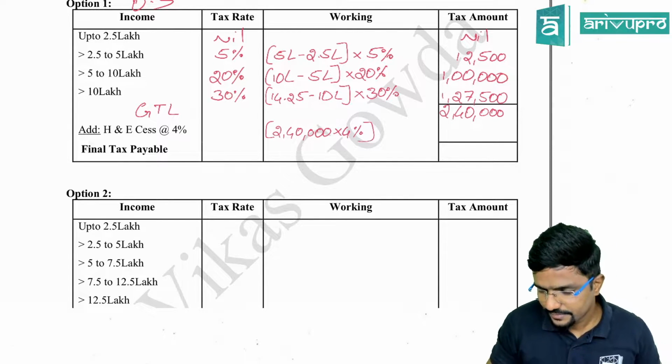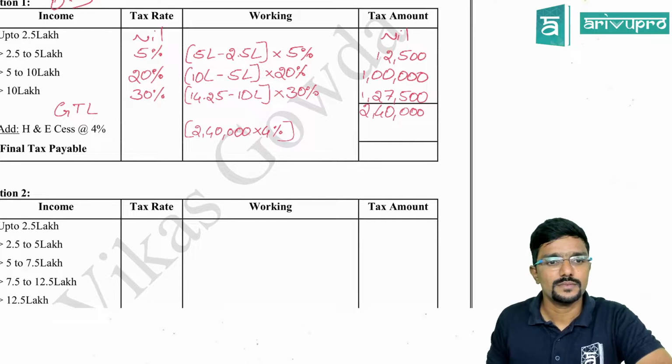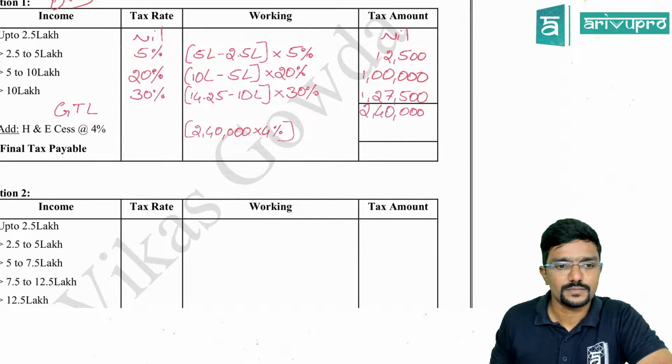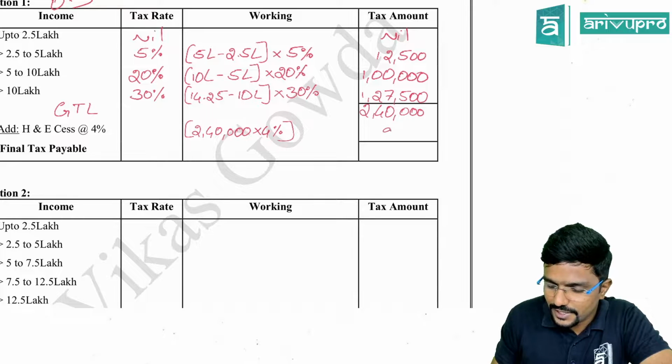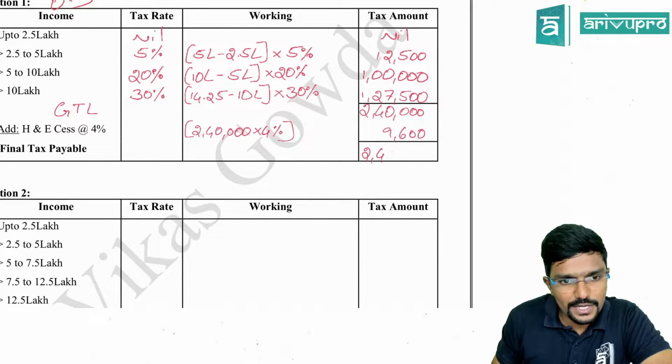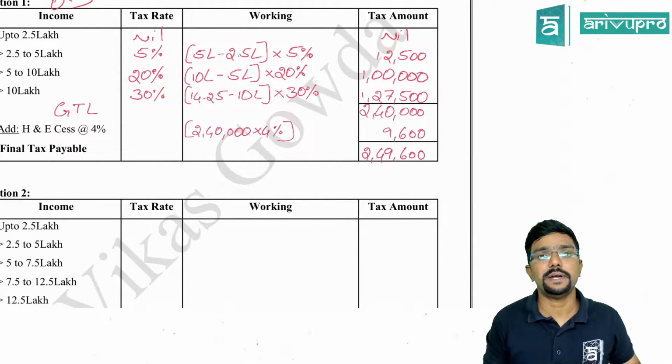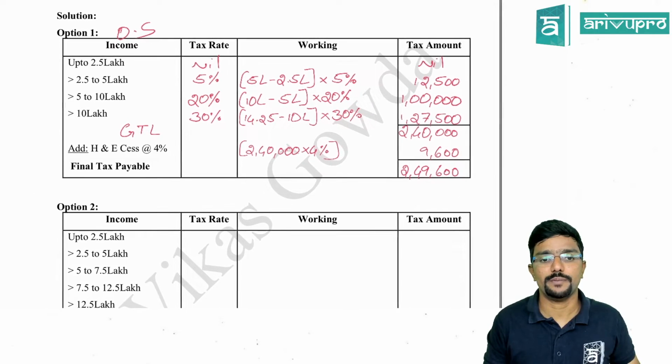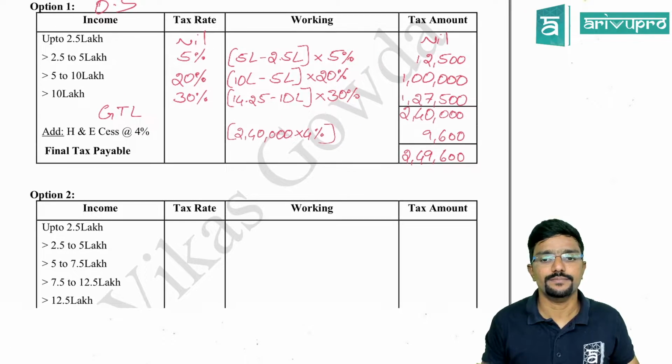So how much is that? 9,600. So 2,49,600 is the final tax liability under old scheme.